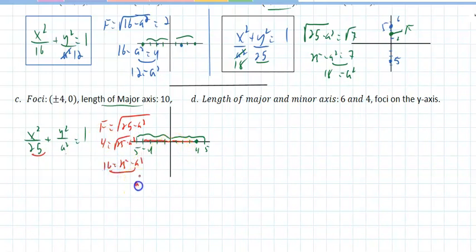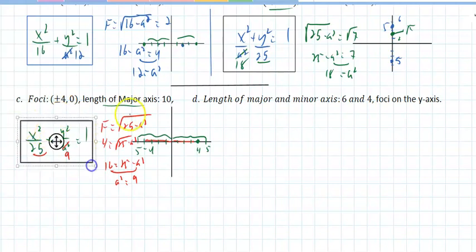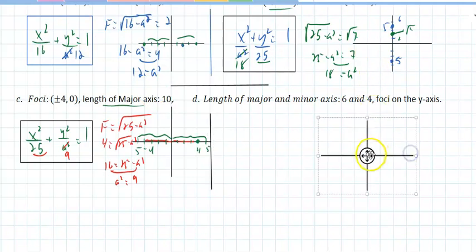Swap those. 25 minus 16 is a 9. And that would be the equation for this problem. There. Again, very easy to do. It's a lot easier to go from the information to the equation than the other way around.